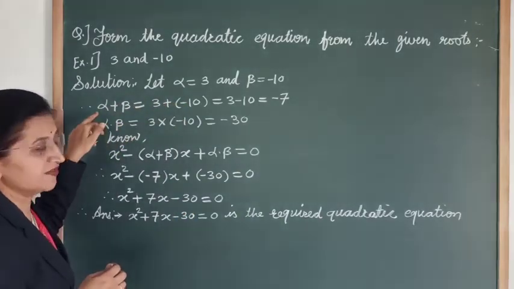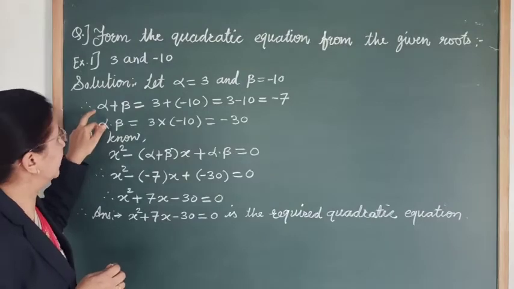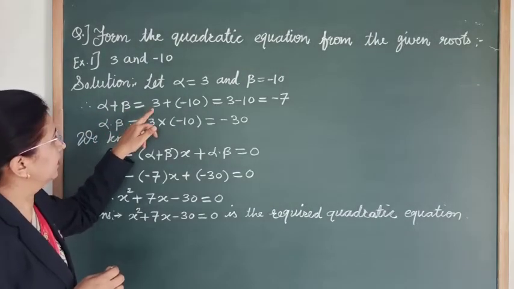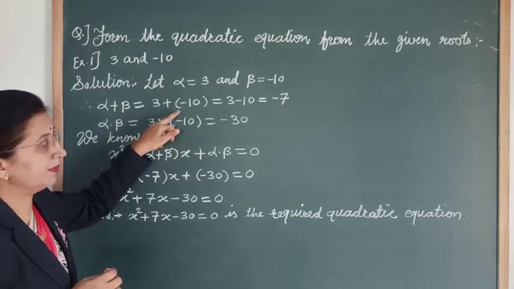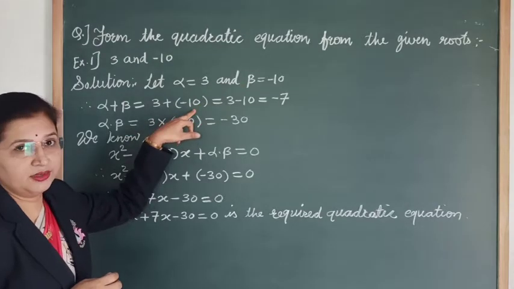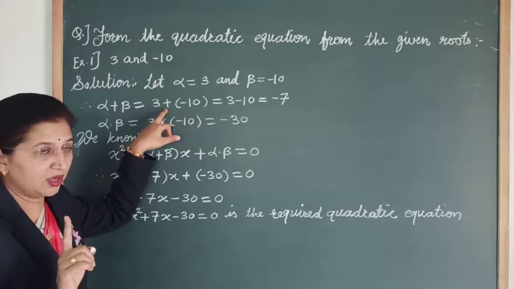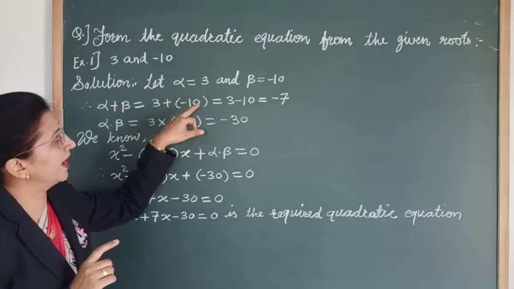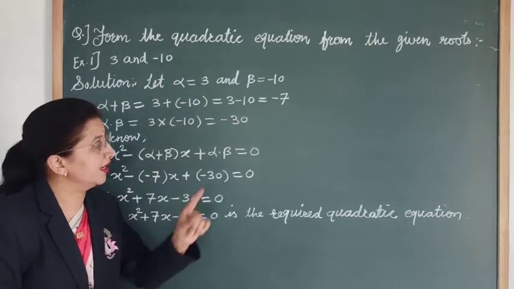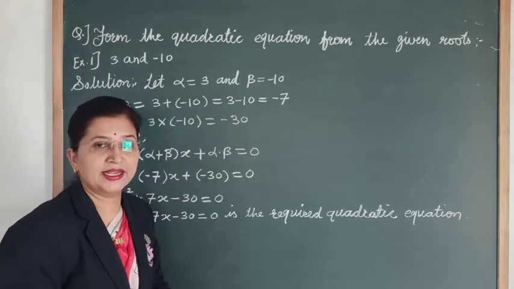Okay, so let's first find out the sum of the roots, that is alpha plus beta, that is 3 plus beta. What is beta? Negative 10. Okay, so out of bracket positive sign is there, so bracket sign will not change. That's why 3 minus 10, that is 7, and sign of bigger number, that is negative 7.